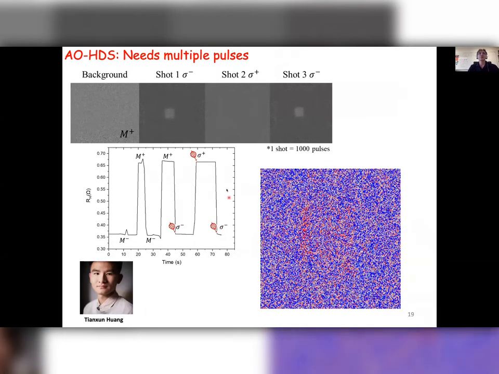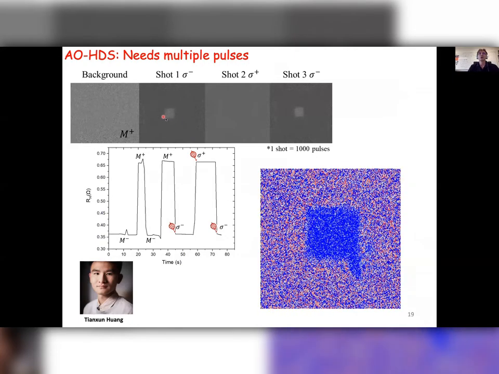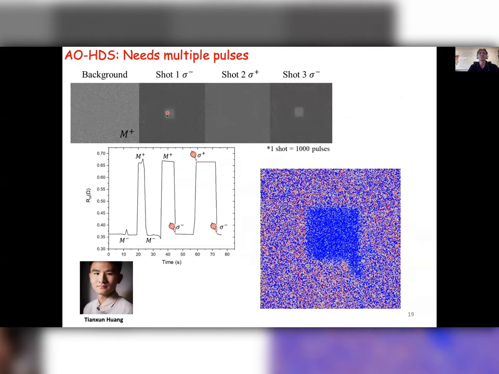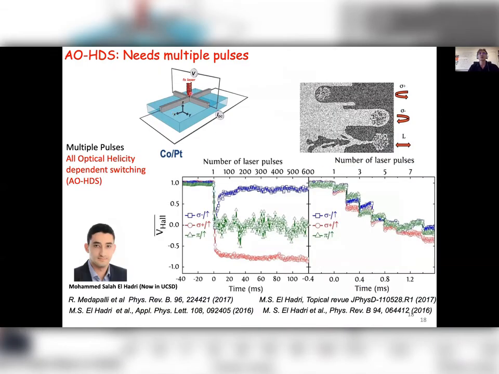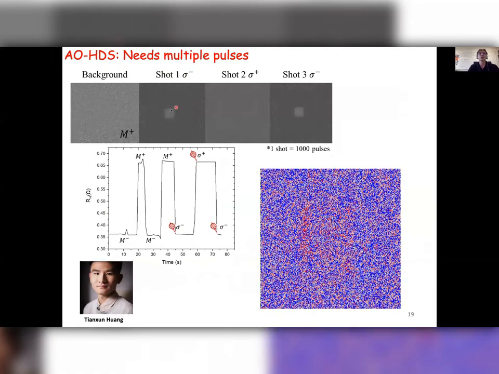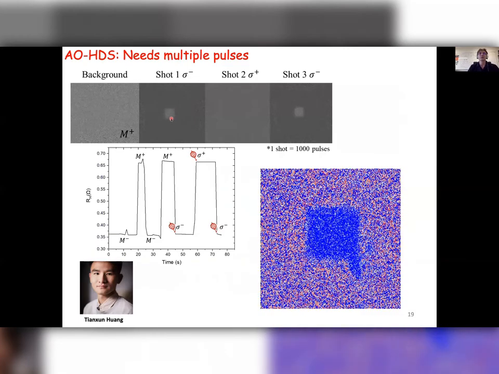We went further, looking at a Hall cross where we patterned the material only at the center of the Hall cross, right here, because we don't want domain walls to move from one area to another. So we only pattern this at the center, and we obtain rectangles like this, 10 microns by 10 microns.